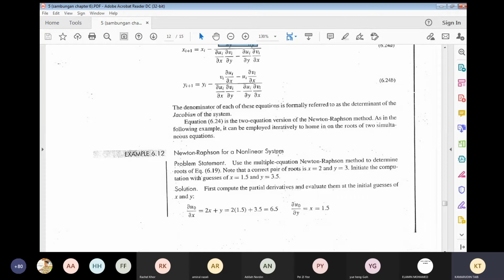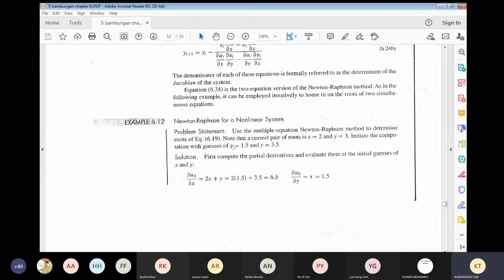Note that a correct pair of roots is x equals 2 and y equals 3. Initiate the computation with an initial guess of x equal to 1.5 and y equal to 3.5.